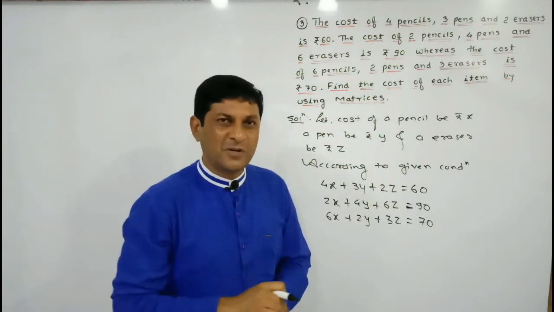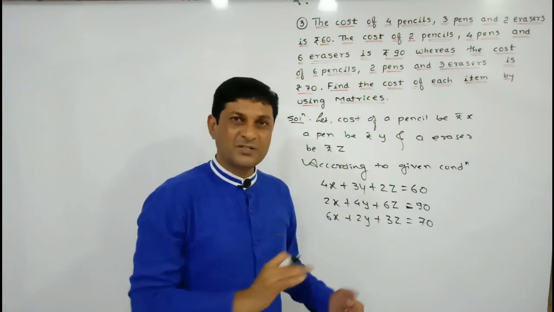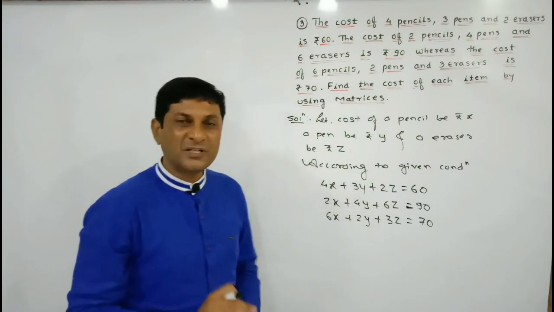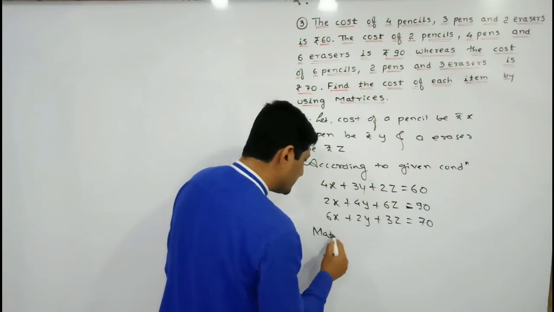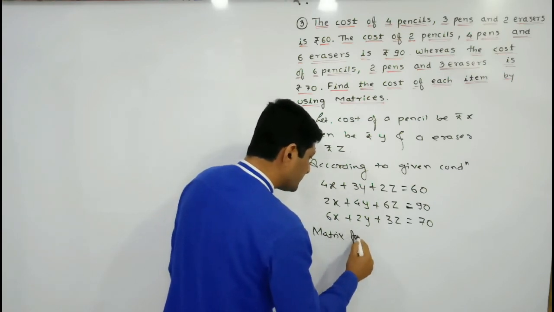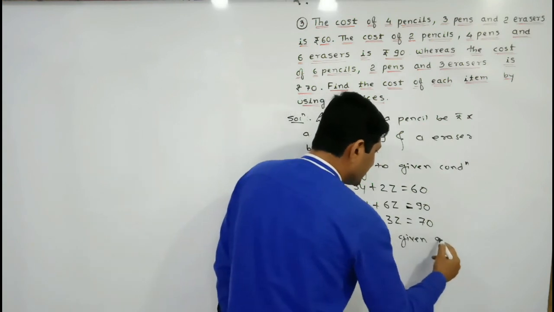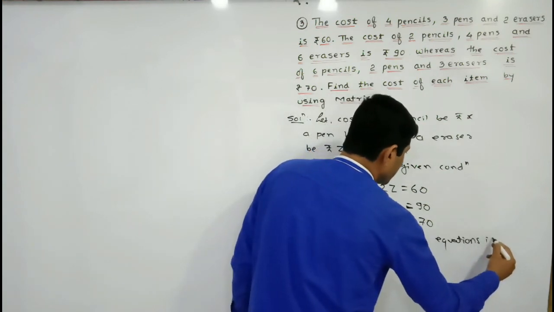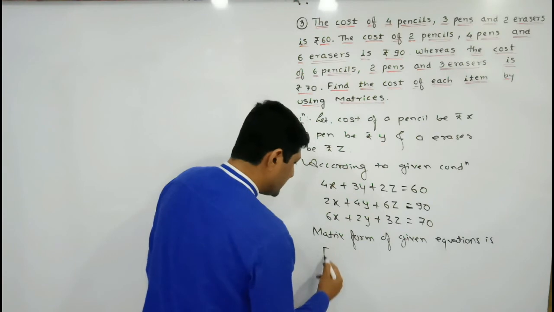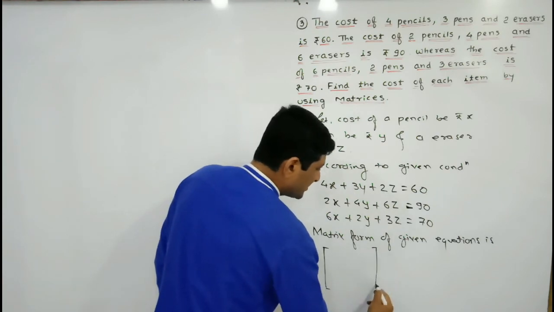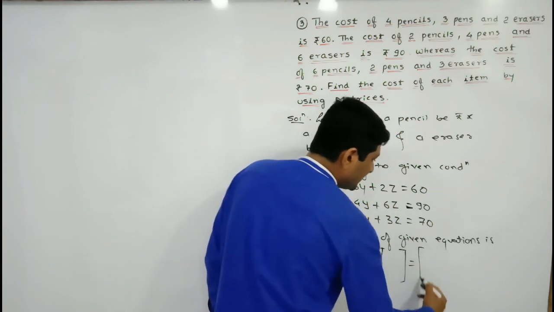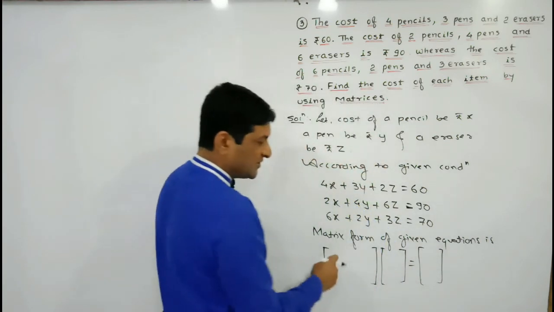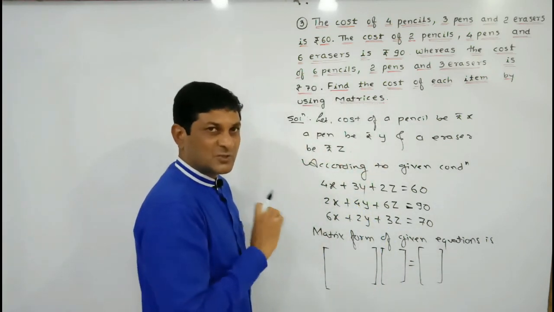Now to apply any one of the methods, either reduction or inversion, first we have to write down these equations in matrix form. So let us write down these equations in matrix form. Already we have seen that whenever we write equations in matrix form, in the first matrix we collect the coefficients of the variables.